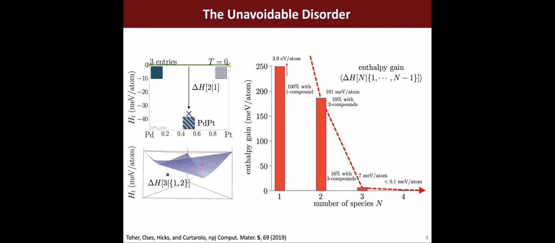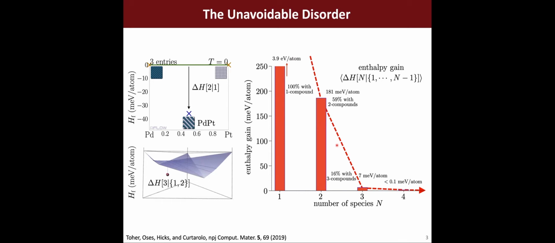We can see here that as we increase the number of species, the enthalpy gain goes down. Not only does the enthalpy gain go down, but there are fewer compounds that show any enthalpy gain. This has to do with the recursive stability competition concept that I referred to in the earlier session, where as we increase dimensionality, every dimension contributes more competition for where the bottom of the convex hull is.